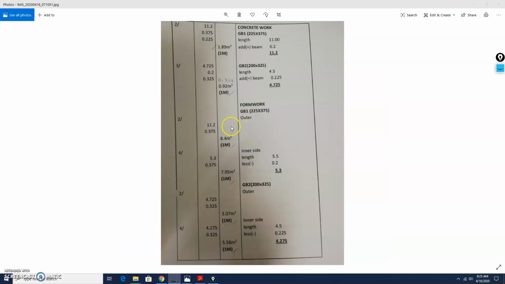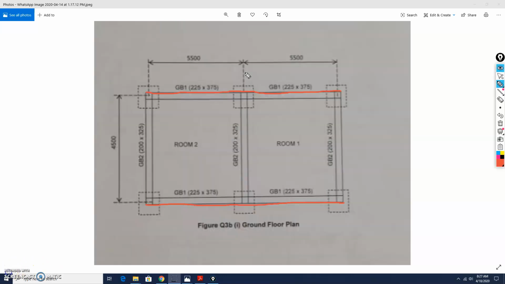For formwork, we can solve in a different way, whereby we can calculate the outer and inner side separately. So for the first one, for outer, the timesing is 2, the length is 11.2, and the depth is 0.375. So for outer, the timesing will be 2.